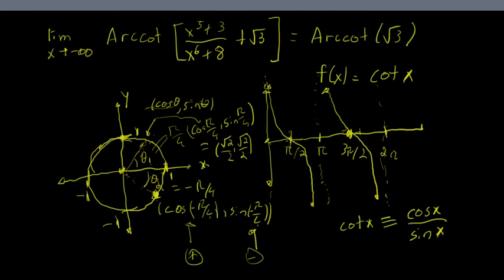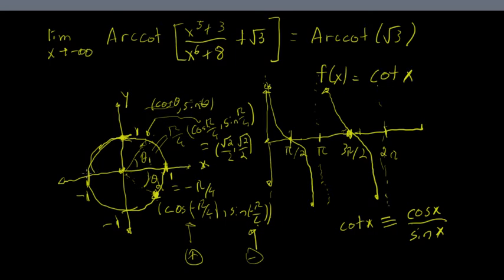But now going towards pi, you'll notice right at pi, cosine is -1, and it's negative all through here between pi over 2 and pi. But sine of pi is 0.